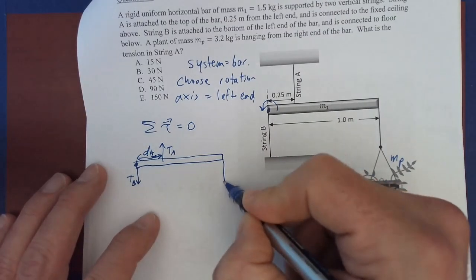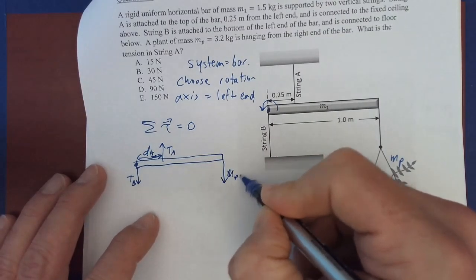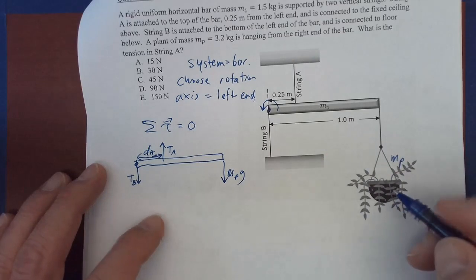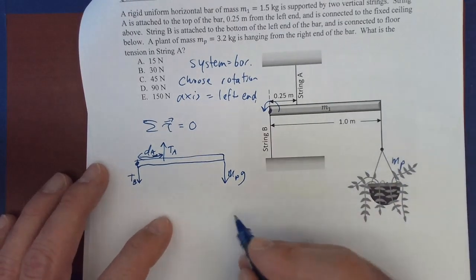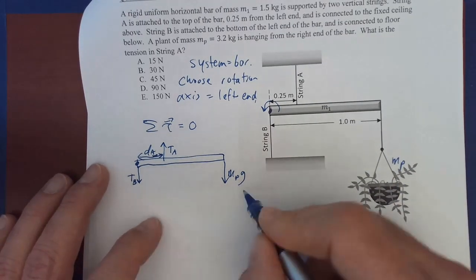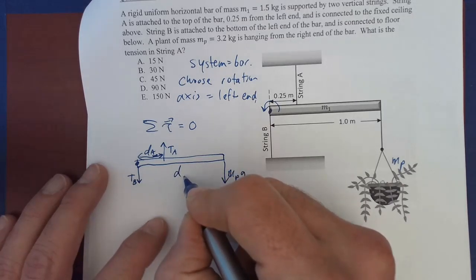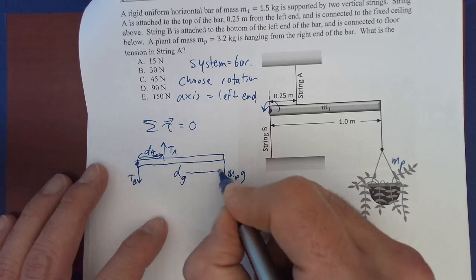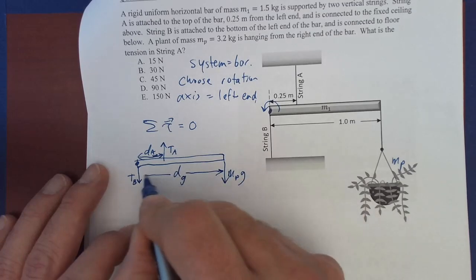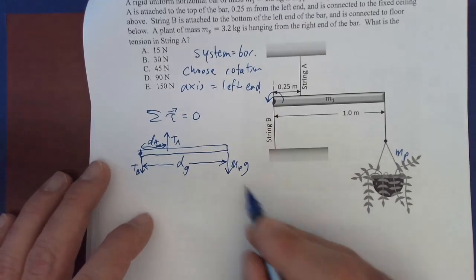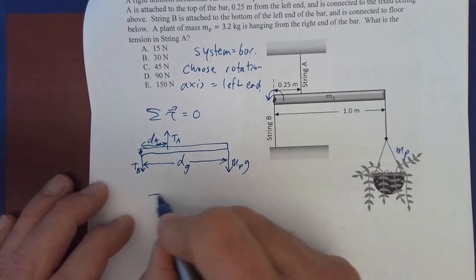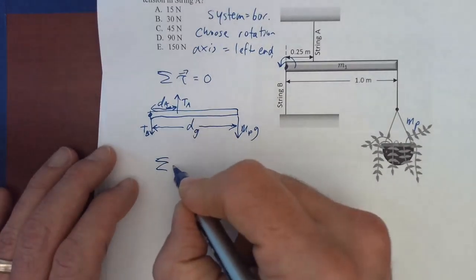And I've got this, which is M plant times G. That's the tension in this string, in order to support that plant, at some distance, the whole length there, dG, I'll call it. But we know that length.